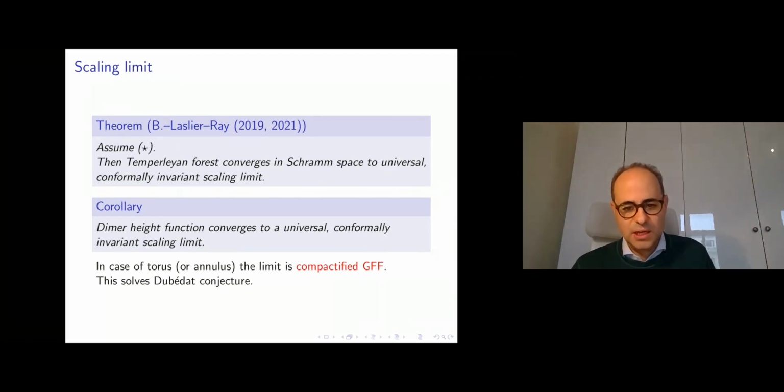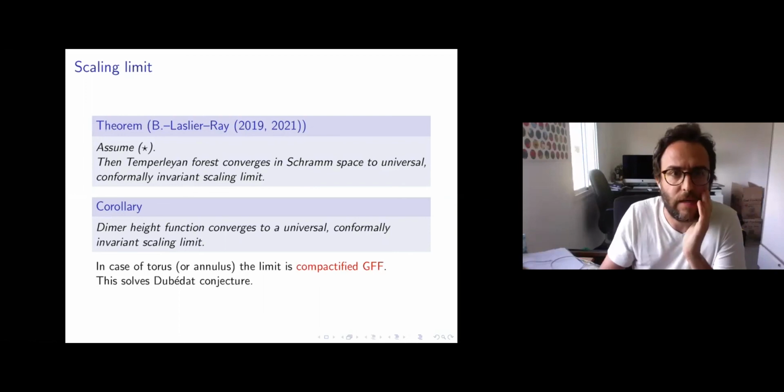And in that case, the limit is known and was described before in a paper of Julien Dubédat. It's called the compactified Gaussian free field. And so in particular, these results solve a conjecture that he made. So I will stop here and thank you for your attention.